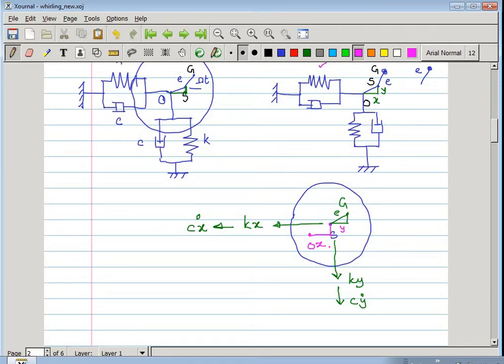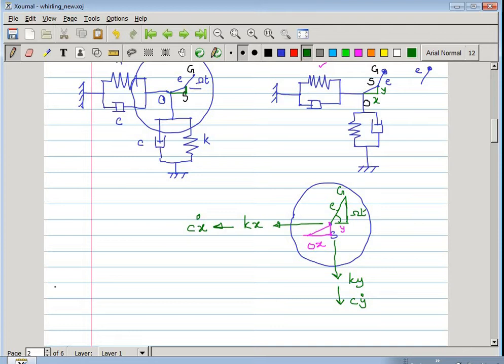This has gone a distance X, and this spring has gone a distance Y. This is E, and this is omega t. This is G, this is X and this is Y.